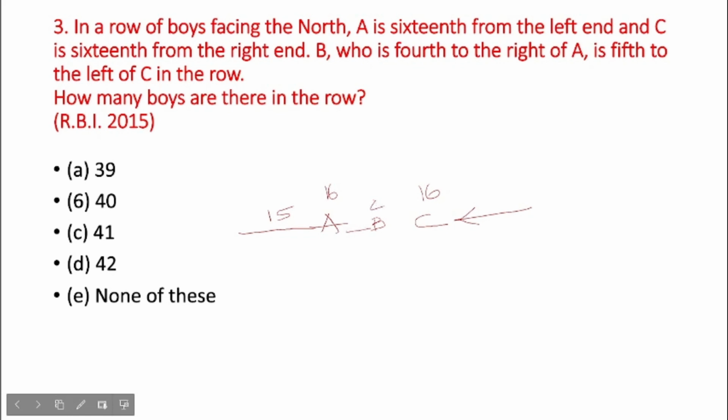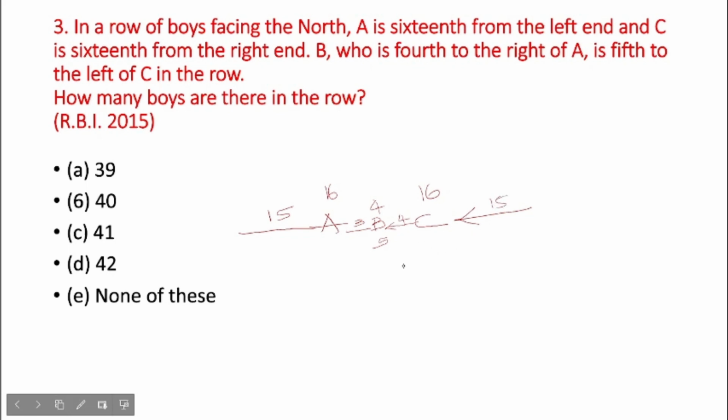That means there are three people between A and B, and the same B's position is fifth to the left of C. So from here, B's position is fifth, which means four people are between B and C. Before C there are 15 people, right?